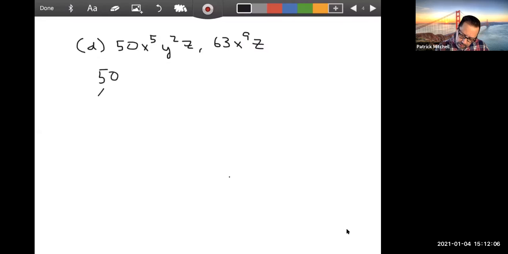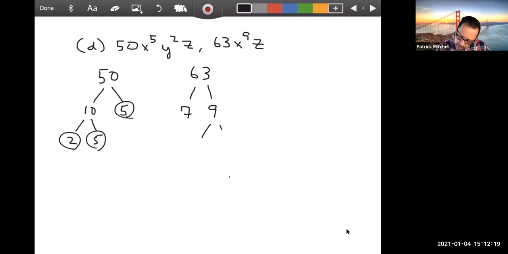So 50 is 10 times 5, 10 is 2 times 5, 63 is 7 times 9, 9 is 3 times 3. Okay. So the first step for finding the GCF for this pair of terms could be to find the GCF for 50 and 63.